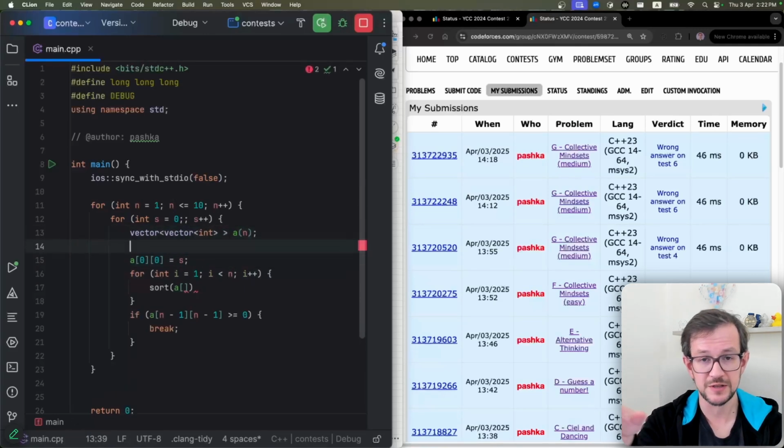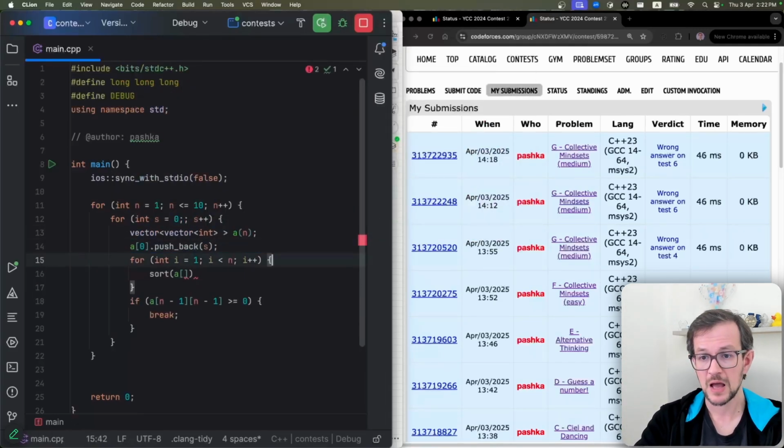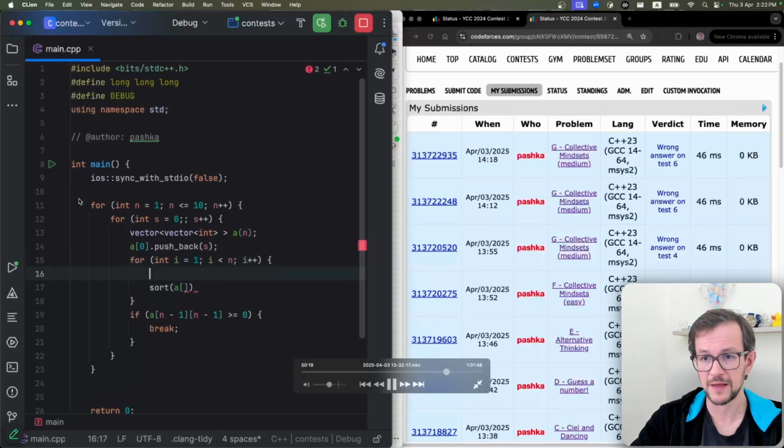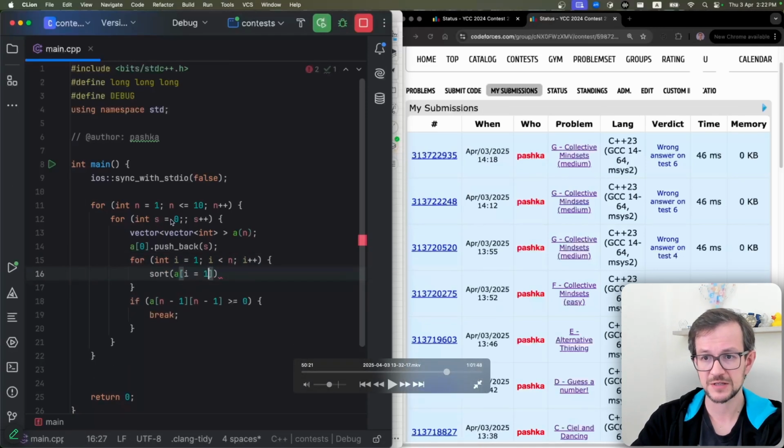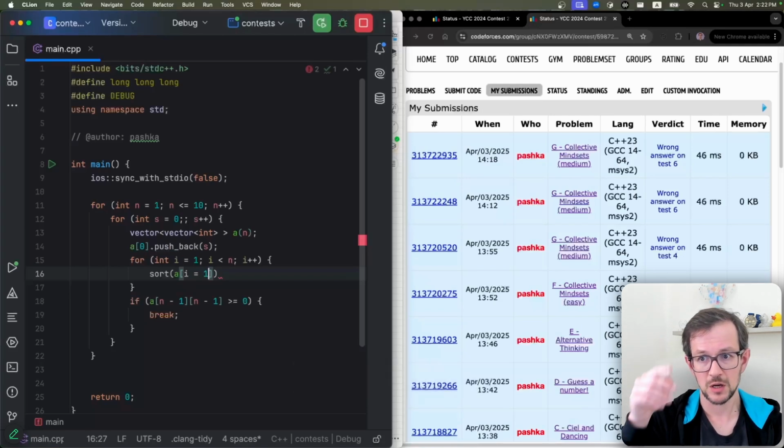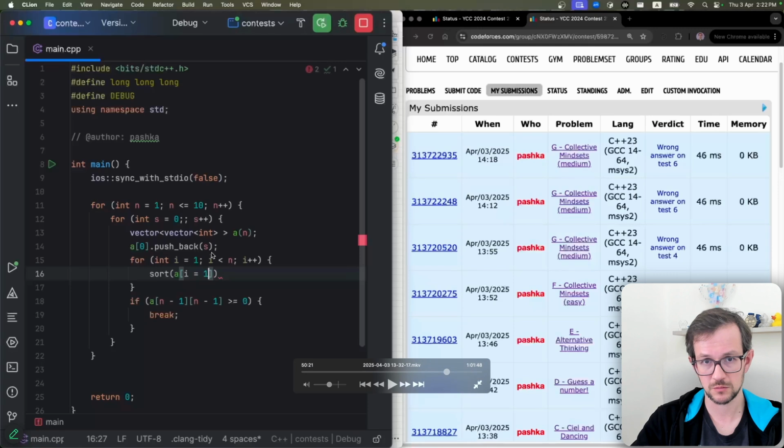So I'm doing the same as I told you before. Here n is the number of people and s is the initial number of coins. So I fix the number of coins and try to simulate this process. When I have only one person, A0, this person just receives all the coins.